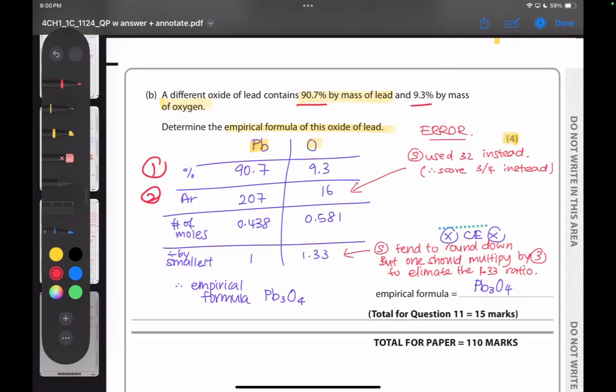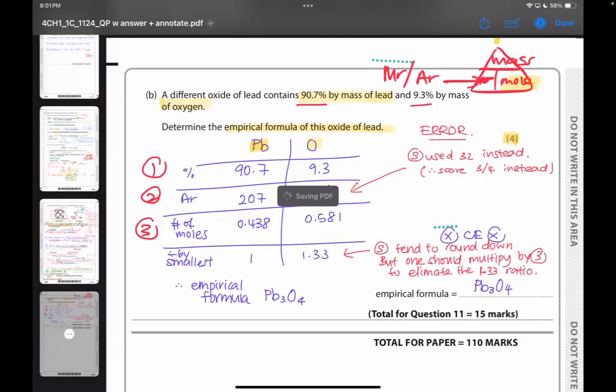Then we look at the periodic table for the Ar. The Ar of lead is 207, oxygen is 16. Then use your calculator to find the number of moles. The third step: mole equals mass over Ar or Mr. So if you want to find moles, all you need to do is use the mass, which in this case is 90.7.